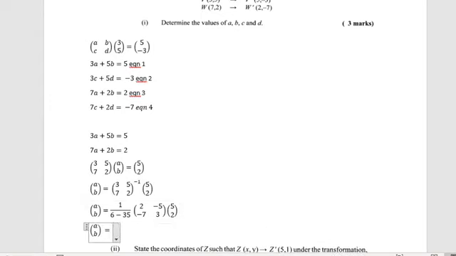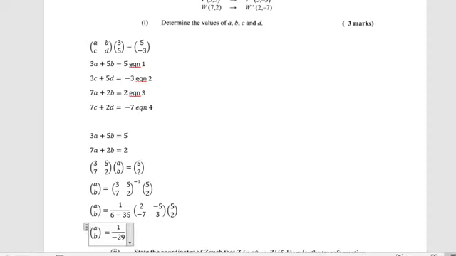This is now what we're going to work out. So 1 divided by 6 minus 35 will leave me with a negative 29, and now from our matrices, what we'll have is row 1 times column 1, which is 2 times 5 is 10, and then minus 5 times 2 will give me a minus 10, and from the other one it is row 2 times column 1, which is minus 7 times 5 will give me a minus 35, and 3 times 2 will give me a positive 6.